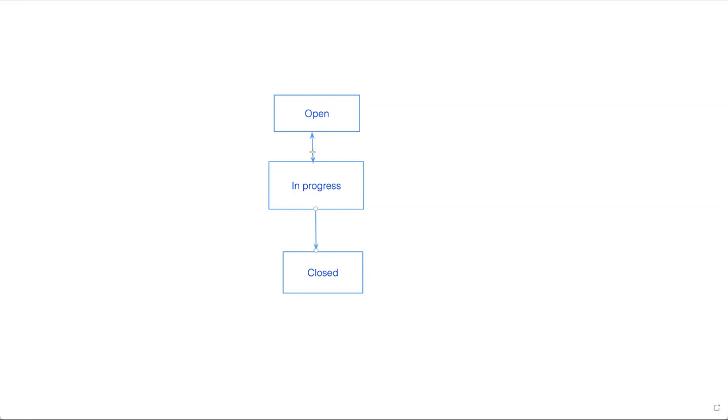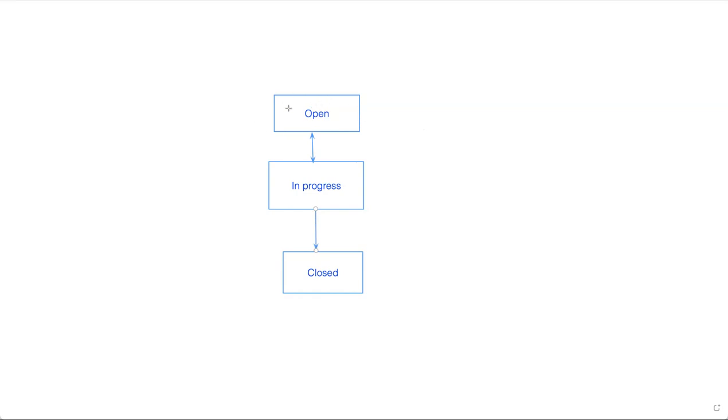So whenever we find any bugs during the execution of the test cases, what we do first is open a ticket by creating a ticket. We will raise a bug, which is in the open state.